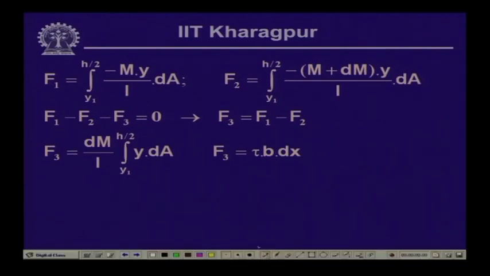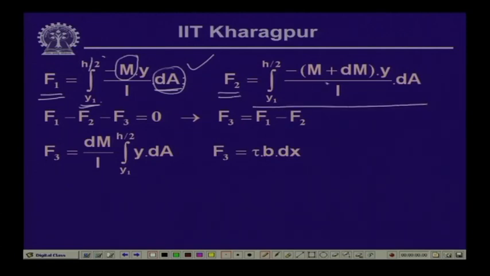Here you note that the force F1 is generated because of the bending moment M. So, it is My by I multiplied by the elemental area dA, and the segment is from y1 up to h by 2. This gives us the value of F1. Likewise, the value of F2 is the integral of M plus dM times y by I multiplied by dA, again integrated from y1 to h by 2. So, this gives us the value of F2.